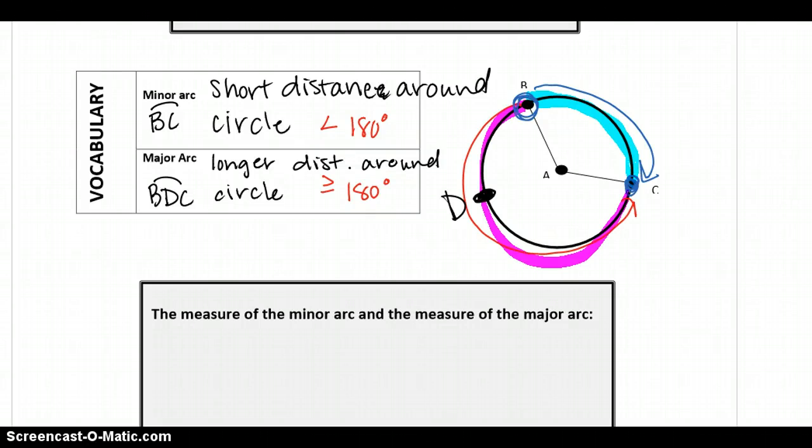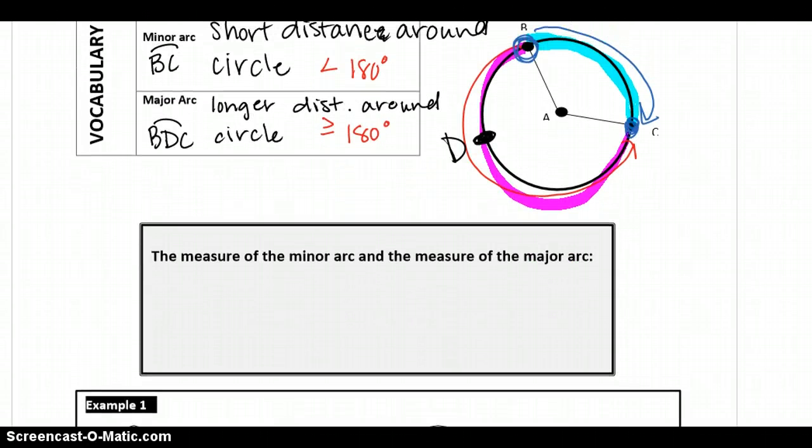Next box. The measure of the minor arc and the major arc together add up to how many degrees do you think? 360. When you put them together, they make the full circle, which is 360 degrees. So if you take the minor arc and the major arc of the same circle, it adds up to 360 degrees.